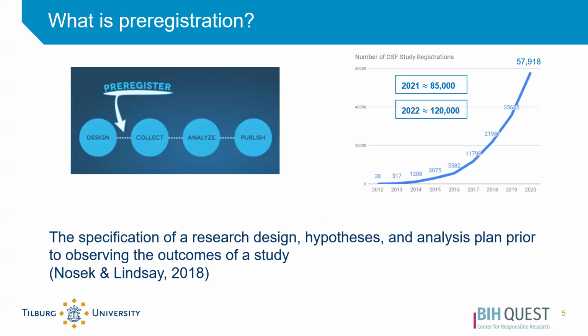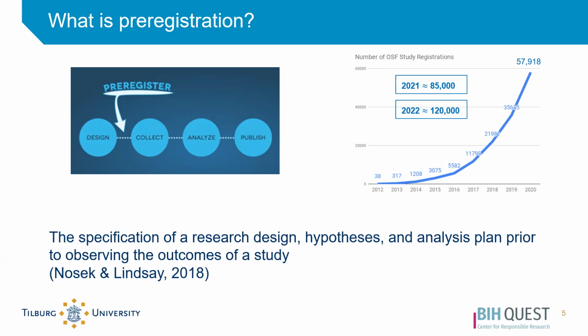So what is pre-registration? That's, I think, a good starting point. At the bottom, you see a definition that I like quite a lot, also because it's quite broad. So it is basically that you specify the research design, your hypotheses, and the statistical analysis plan or qualitative analysis plan before you actually observe the outcomes of a study.